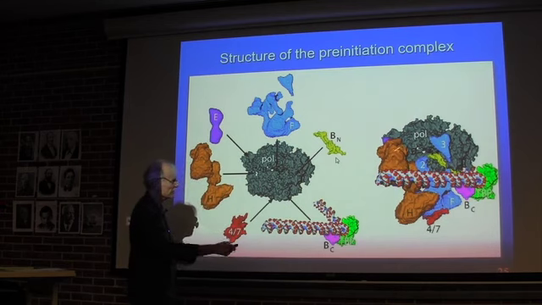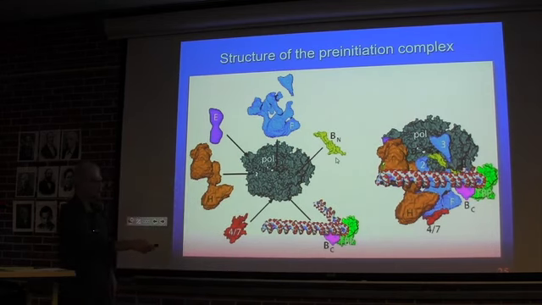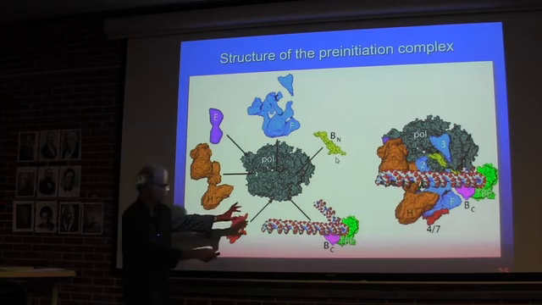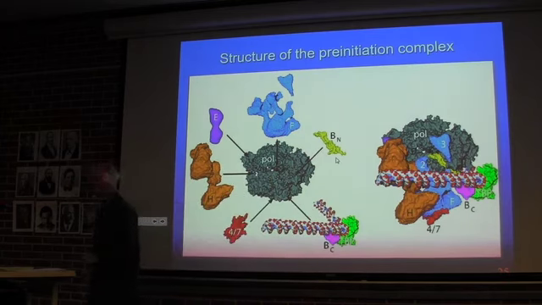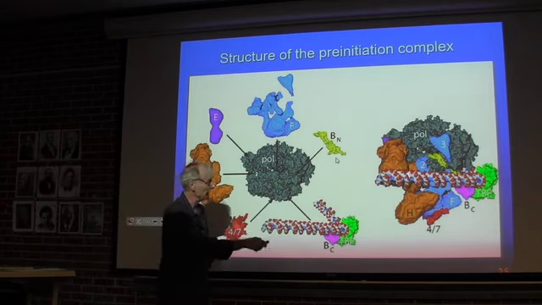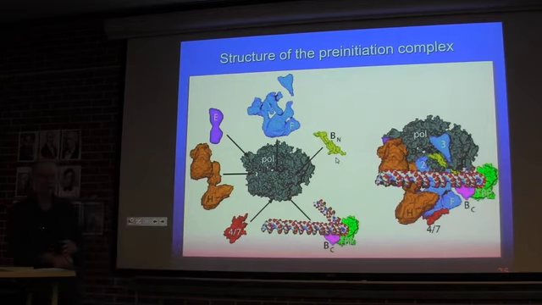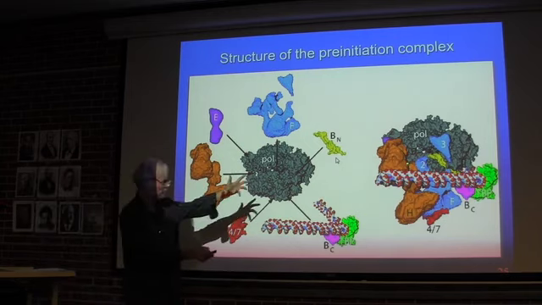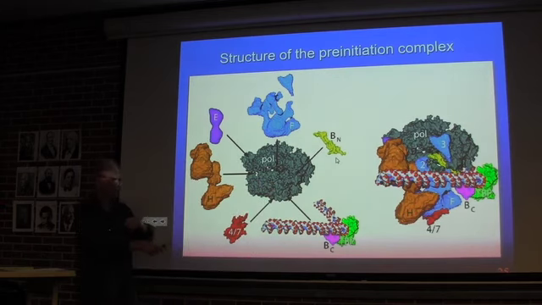What is this? Oh, we have other things here, don't we? We have some blue, and we've got some orange. What an odd color combination. This is TF2F, which we haven't talked about yet. And this is TF2H. Remember H involved in nucleotide excision repair? See how integral a part of transcription it is, yet it's used in nucleotide excision repair?